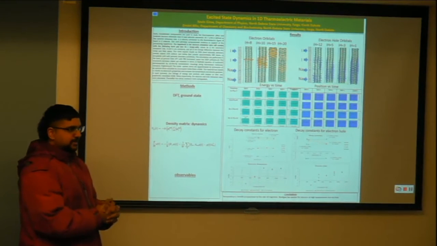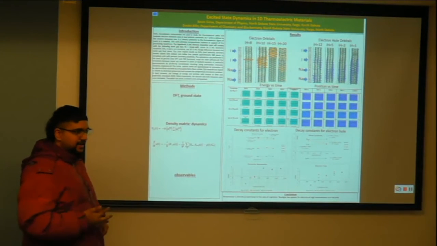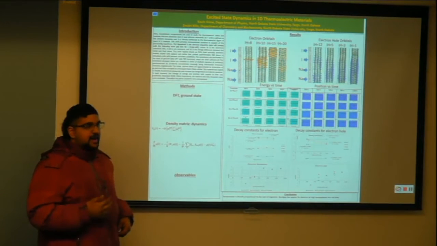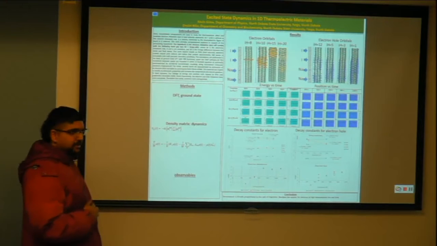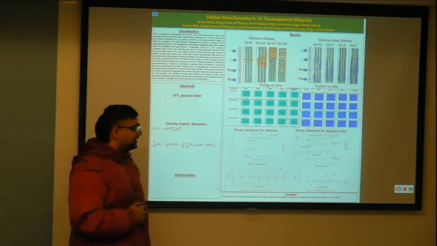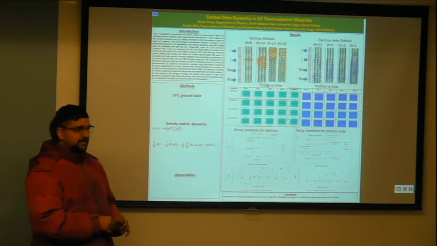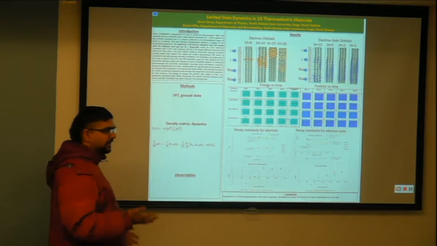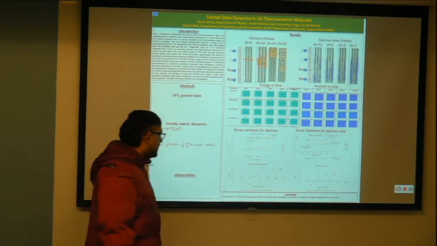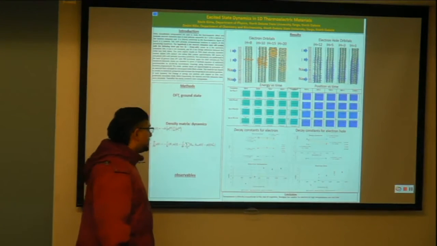Using FOSP, I calculated my non-adiabatic couplings, and then using some MATLAB code, I calculated the relaxation rates, and then I plotted these graphs right here just to see how the electron relaxation rates would vary with the temperature.